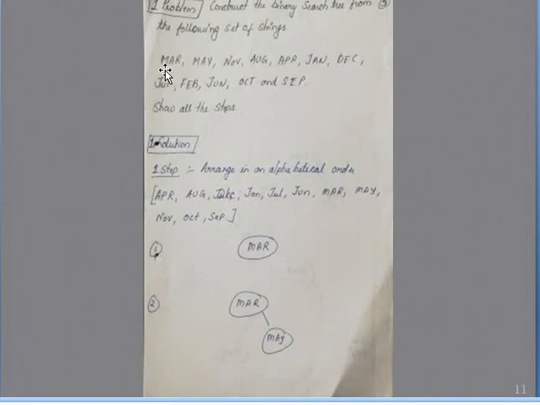To construct the binary search tree for the following set of strings, the first element is considered as the root node. The root node is March, the first element. So March is inserted first, and this is the root node. The second node is May.